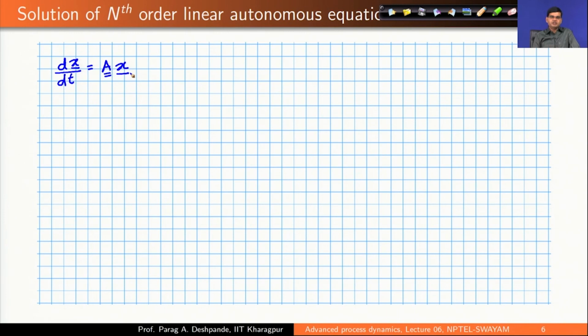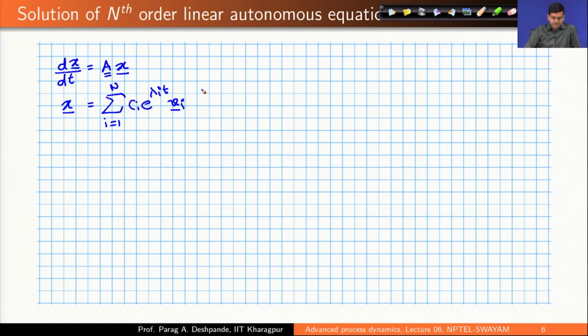This is the equation that we have. Now, the solution that we have is given as x bar is equal to summation i going from 1 to n C i e to the power lambda i t multiplied by the corresponding eigenvector V i.